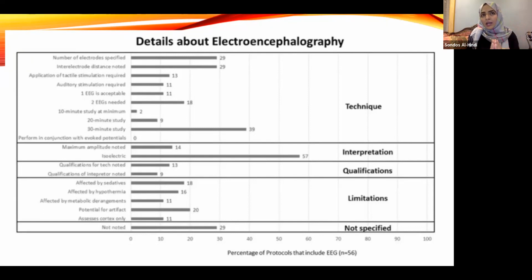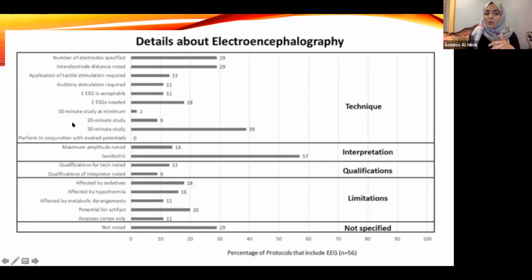Some countries had clear-cut guidelines. Some countries followed the ACNS guidelines, the American Clinical Neurophysiology Society guidelines. Some countries had their own guidelines, like France and Korea. Some countries didn't have clear-cut guidelines for brain death or EEG and brain death. So there was quite significant variability in technique.